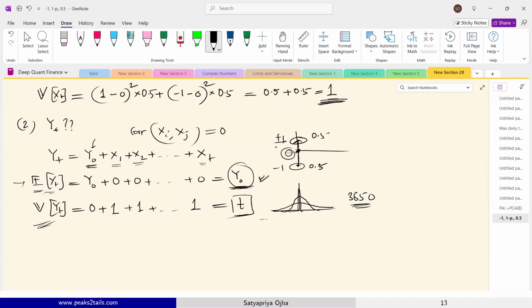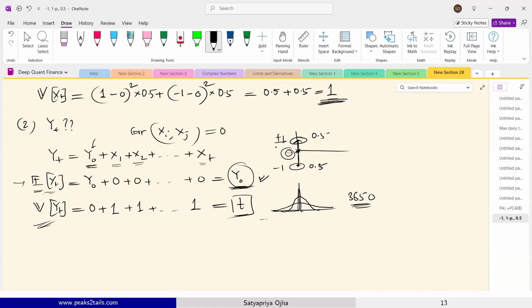Question from Rishabh, is there a correlation between y0? No, y0 cannot have correlation. Y0 is a fixed quantity. Y0 is known. You're standing there, it is given to you. It's not a random variable. You can only have correlation between two random variables. Does that make sense? Y0 is not random.